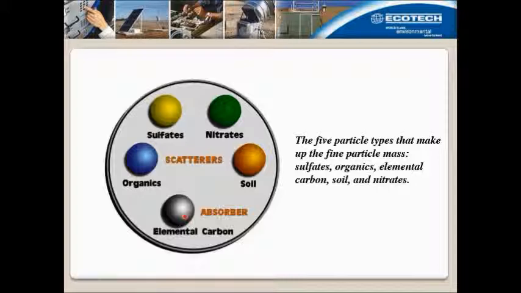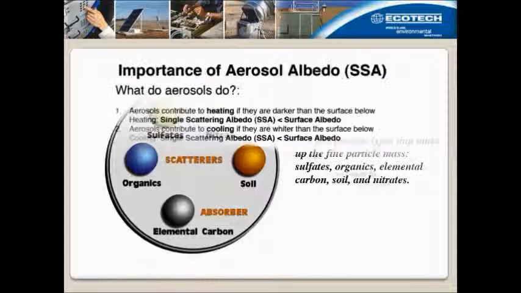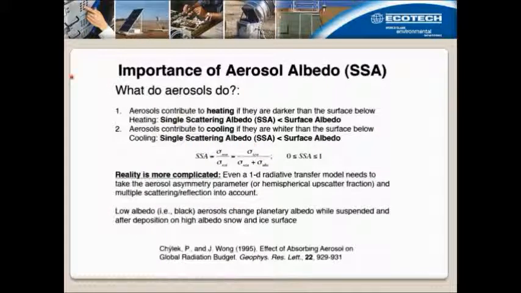The more carbon you have, the more absorption you have, the smaller the single scattering albedo gets, and the higher the effect. If the absorption gets bigger, then of course the single scattering albedo gets smaller. And aerosols contribute to heating if they are darker than the surface below.